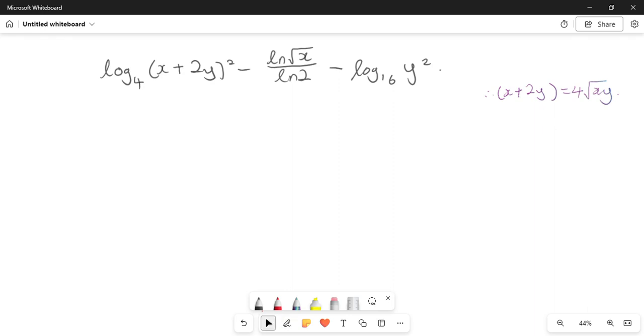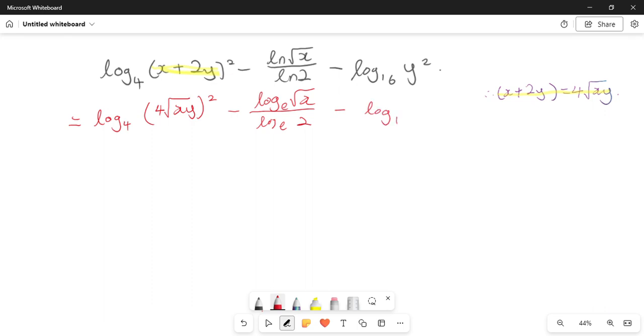So what I can do is substitute this into this part. Let me just rewrite this real quick. I'm going to substitute: log base 4 of (4 root xy) squared minus ln root x, and I'm going to straight away change it to log base e root x over log base e 2, minus log 16, this one I just copy down first.